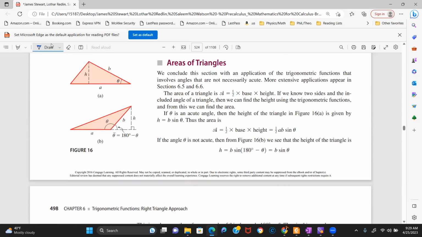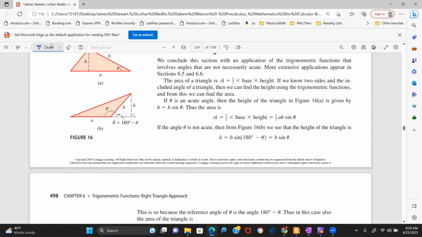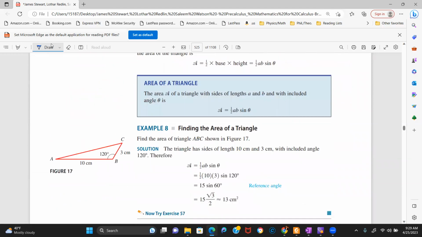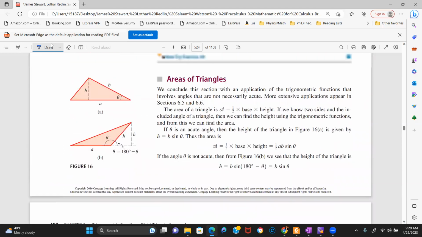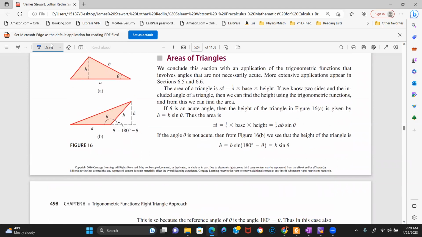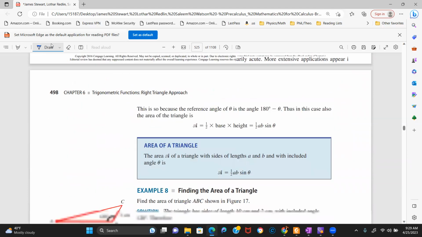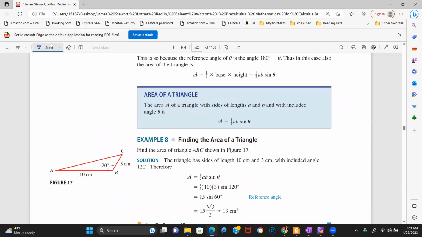Okay, so there's this whole derivation. I guess I won't bother going through it, so we'll just leave it like that. But if you go through this whole derivation, which is really not that long, you can deduce that the area of a triangle with sides length A and B and an included angle theta is given as follows.